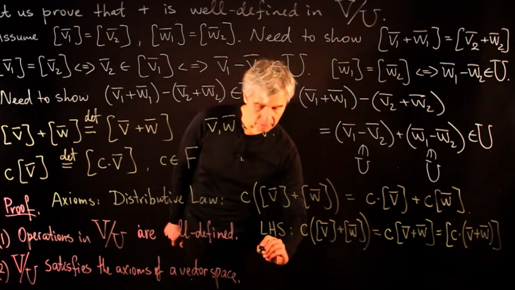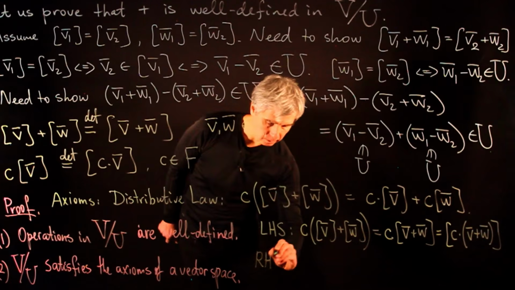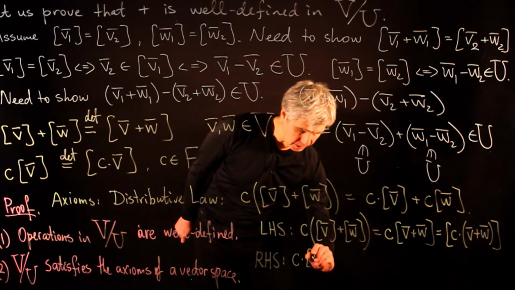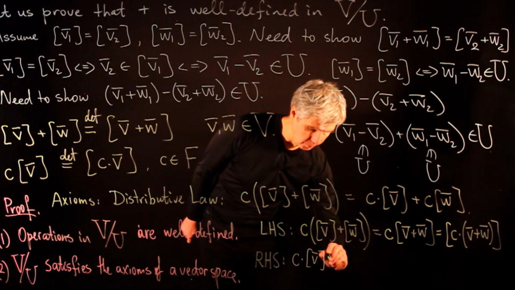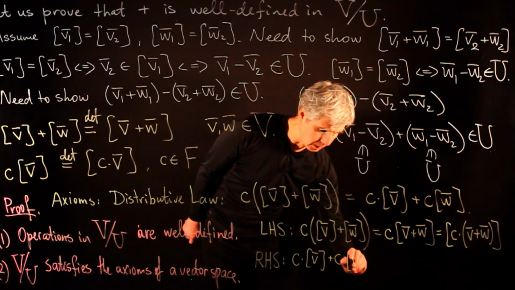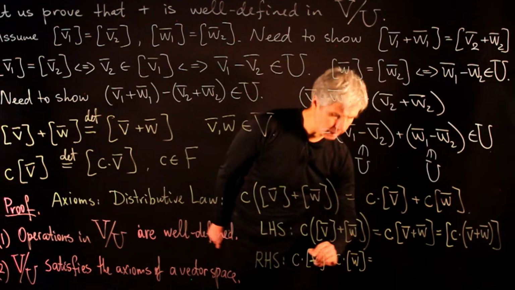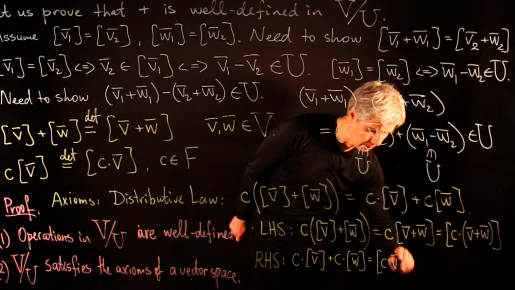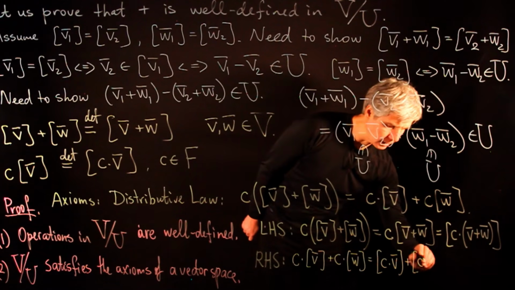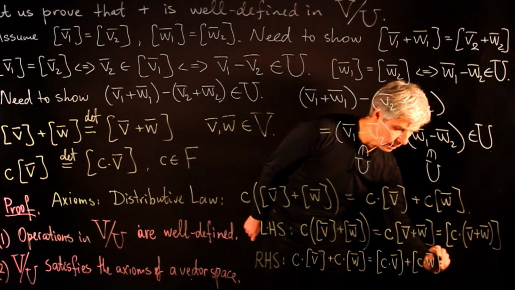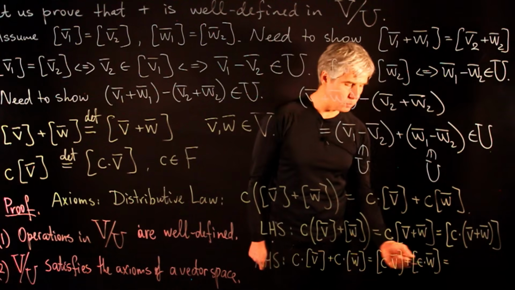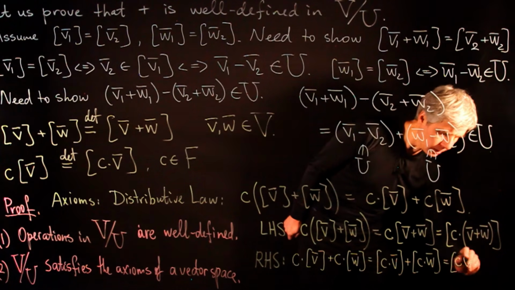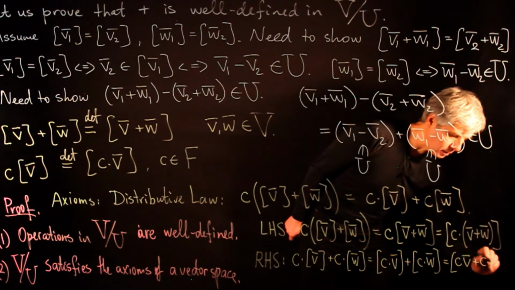Now let us look at the right-hand side. In the right-hand side, we have c times the equivalence class of v plus c times the equivalence class of w. So this is the class of c times v plus the class of c times w. And the sum of these two classes is equal to the class of c times v plus c times w.